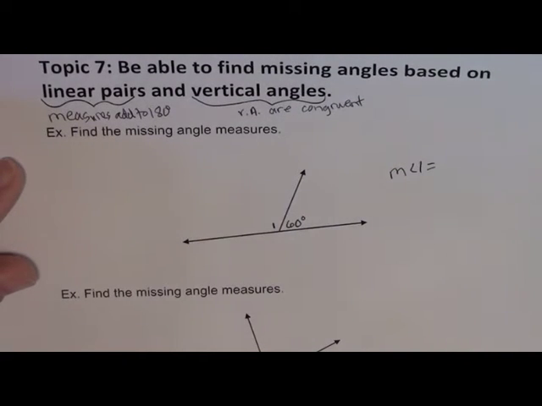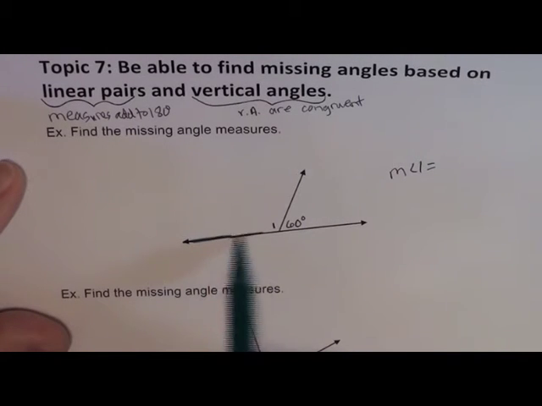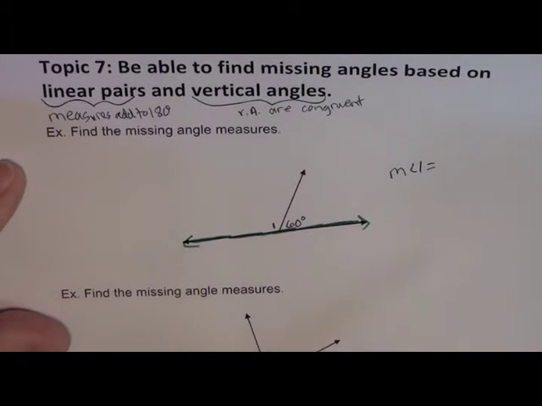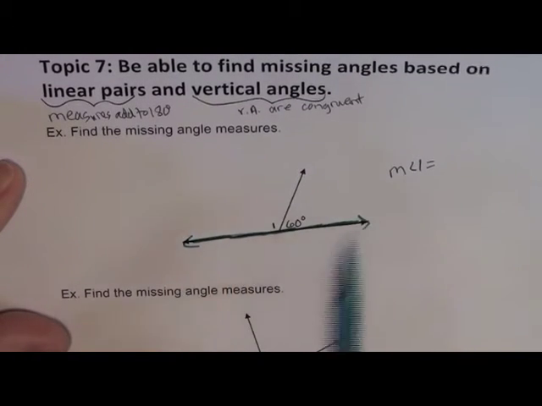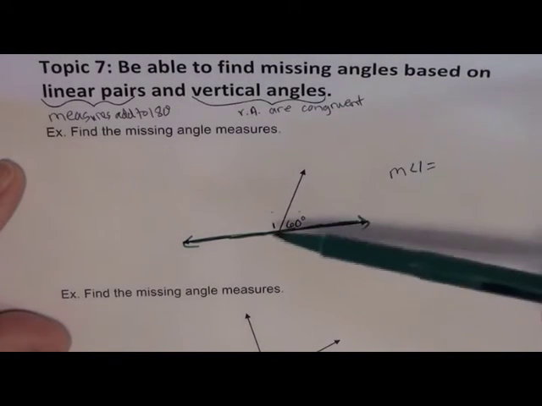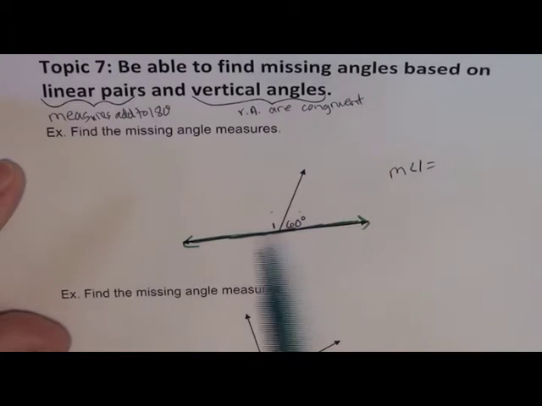The question becomes, is it a linear pair? And what I see right here is a line right through the picture. And I see above the line two angles, angle 1 and angle 60, that make that straight line together.